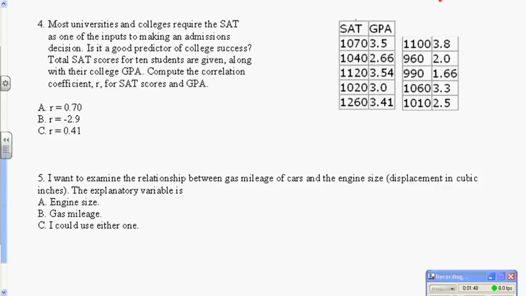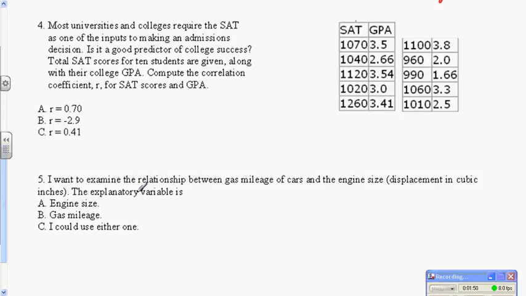I'm going to do number 5 next, because 4 is a bit more work. Number 5 is to explain which one's the explanatory variable when you're comparing miles per gallon and engine size. Well, one can argue that it's engine size, because if the engine is big, it probably has lower gas mileage, and vice versa.